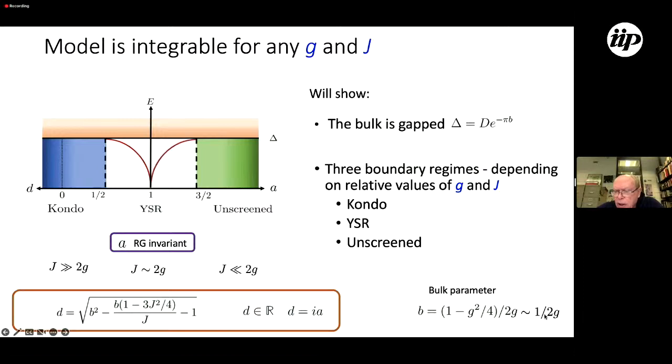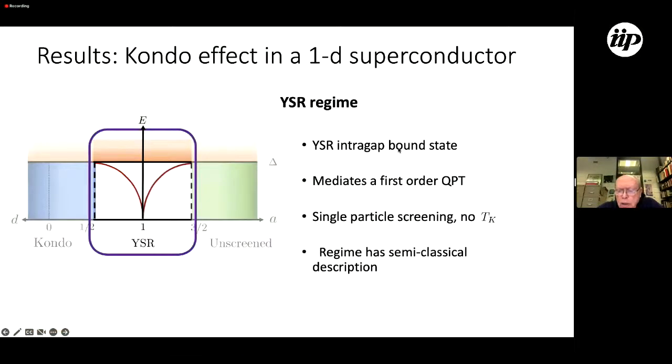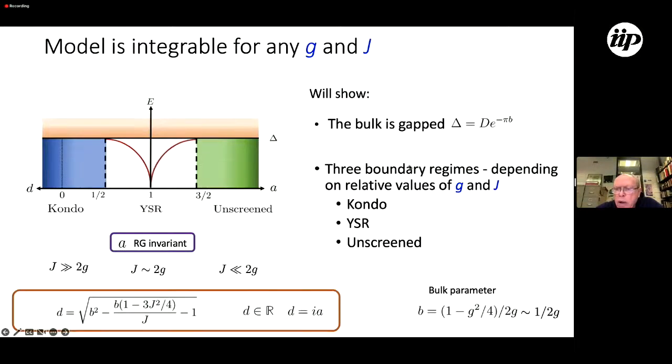For small g, it's essentially 1 over 2g. So that is the conventional gap. And I'm going to have three boundary regimes that depend on the relative values of G and J: a Kondo regime, a YSR regime, and an unscreened moment regime.